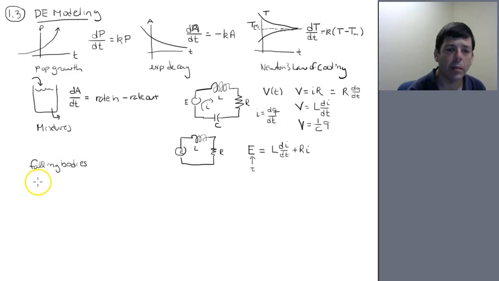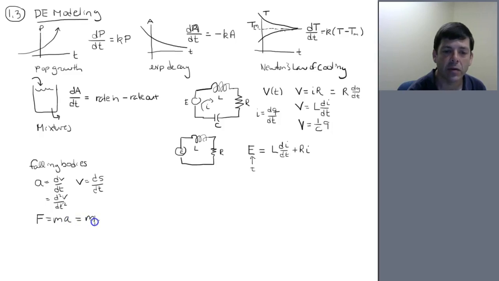You've got acceleration is the derivative of velocity versus time. And then, of course, velocity is the derivative of position as a function of time. So acceleration is the second derivative of position with respect to time. But typically what we end up having is Newton's law, that the force is equal to mass times acceleration.